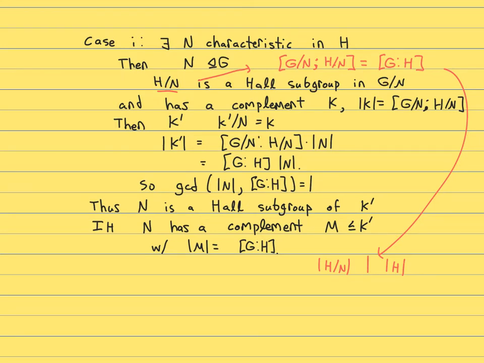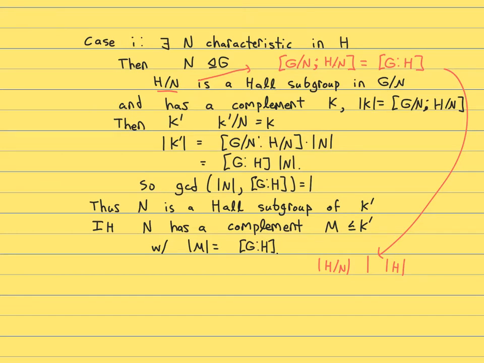So you have a normal Hall subgroup. We can apply the induction hypothesis to G mod N and get a complement K, so it has size the index of H mod N in G mod N. And K is in this group.